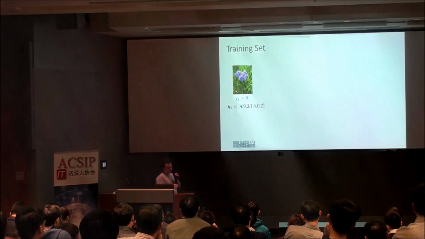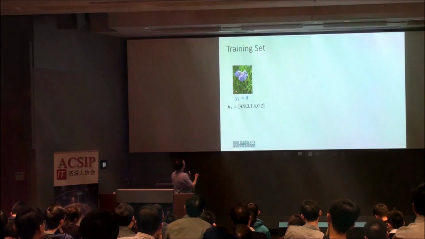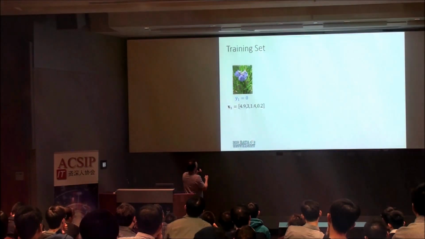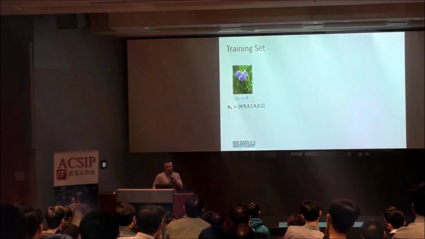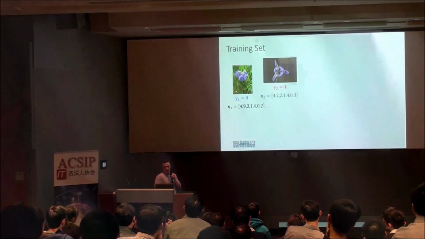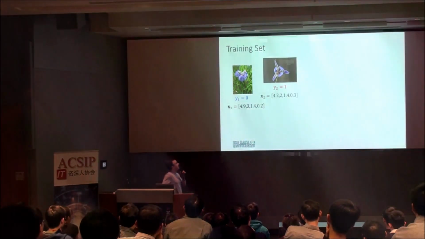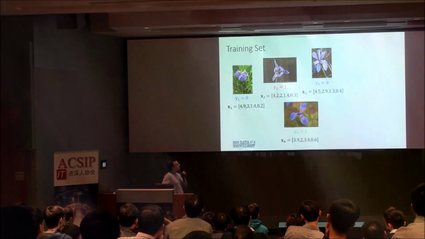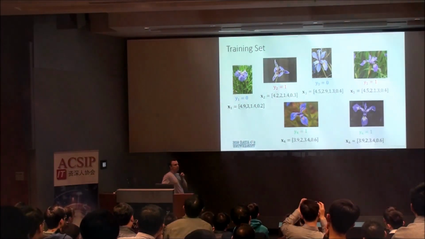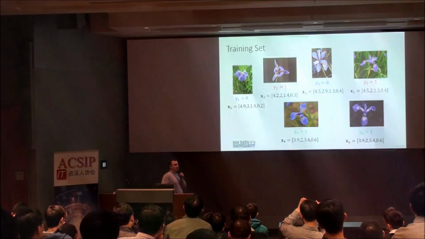So we have a training set, and over here we have a labeled example, and then we have a feature vector with it. So this is basically a labeled set of examples. For this flower, it's in class 1 and has the sample 2, and we repeat the process, and we basically have a whole bunch of labeled flowers with associated feature vectors.